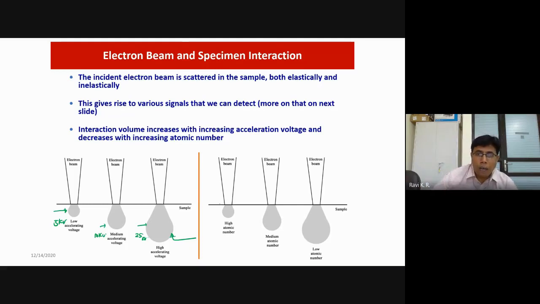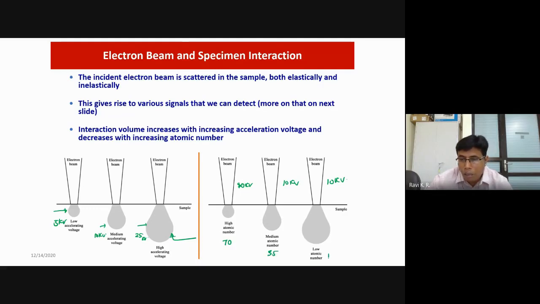Another thing, if you look at this interaction volume, suppose you keep the voltage constant. Let's say you keep 10 kV, 10 kV and 10 kV. Now you change the material. This region has, let's say, atomic number 70. This region has atomic number 35.